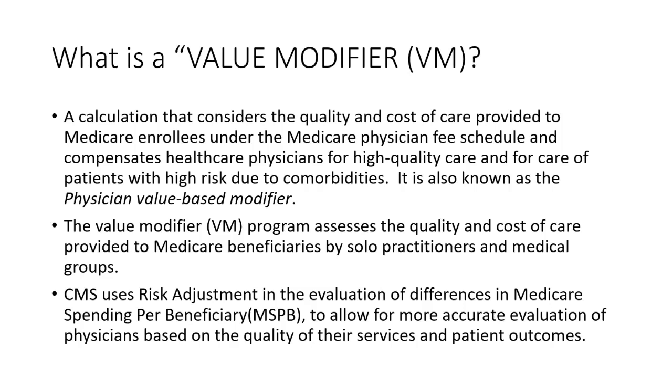Now, the value modifier program assesses the quality and cost of care provided to Medicare beneficiaries by solo practitioners and medical groups. CMS uses risk adjustment in the evaluation of differences in Medicare spending per beneficiary to allow for more accurate evaluation of physicians based on the quality of their services and patient outcomes.